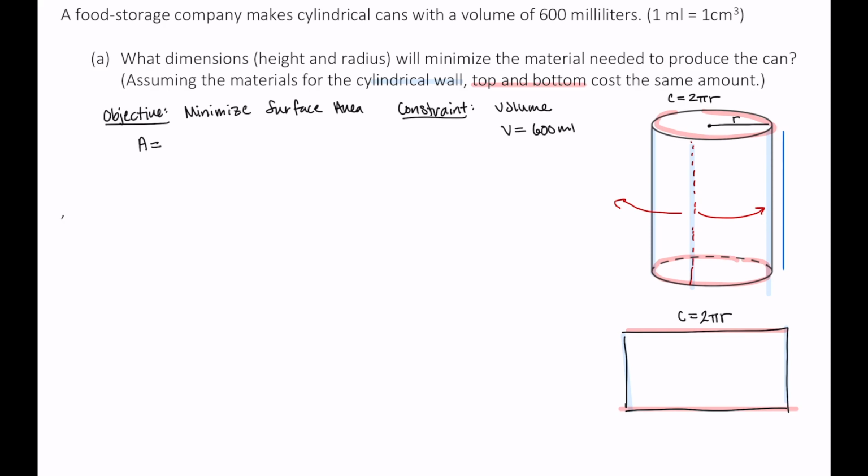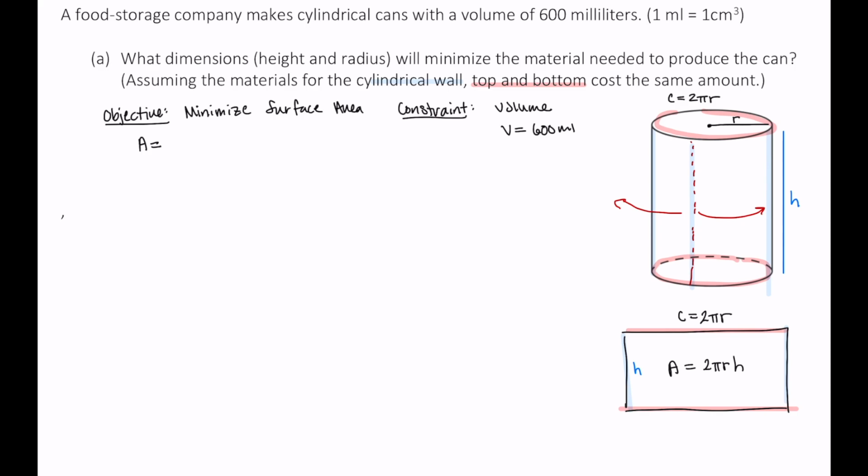Now, I don't know the dimensions of what my whole cylinder will be, so I'm going to label this vertical distance here. I'm going to label it H for height. So this is my height. So I know that the area here of this rectangle is 2 pi R times H. What about the tops and bottoms?